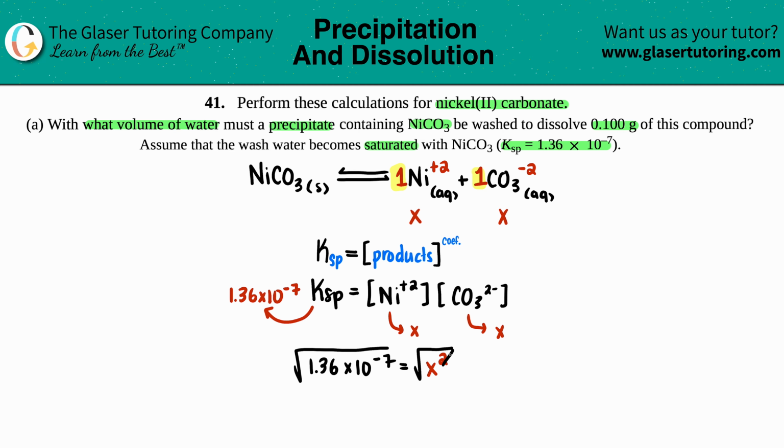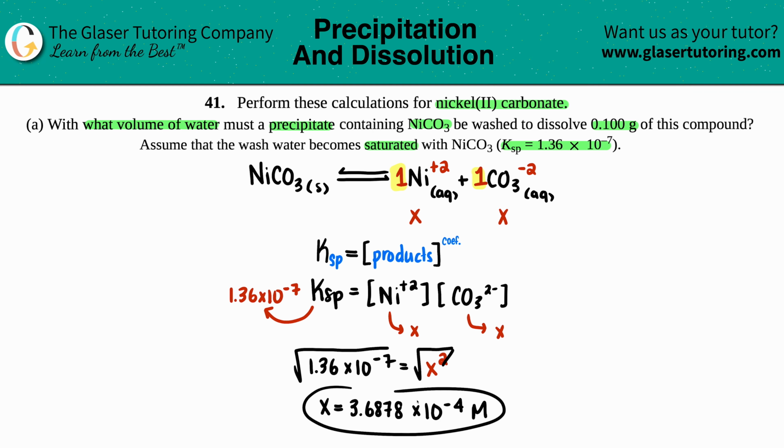Now, since this isn't the answer that they're looking for just yet, I'm going to just leave it as a couple more sig figs than I have to. 3.6878 times 10 to the negative 4th. And that's molarity. So they gave me an x value, right? And I still haven't used this 0.100 grams of this compound.